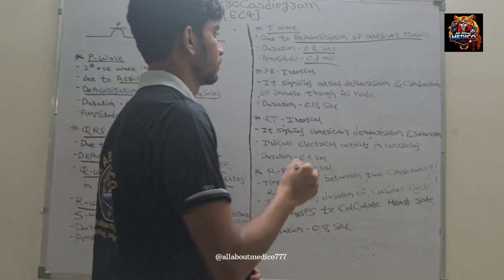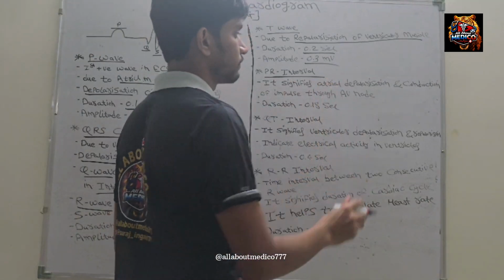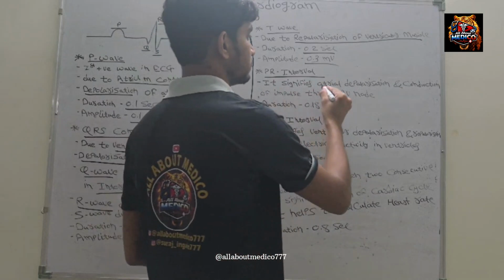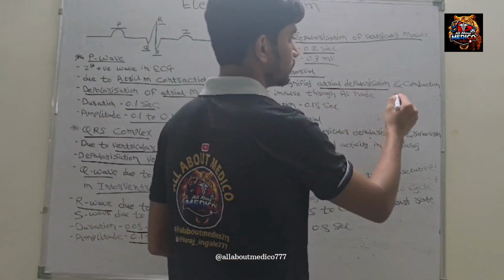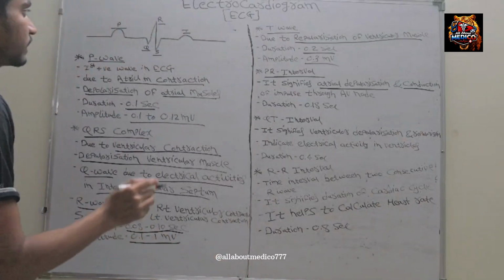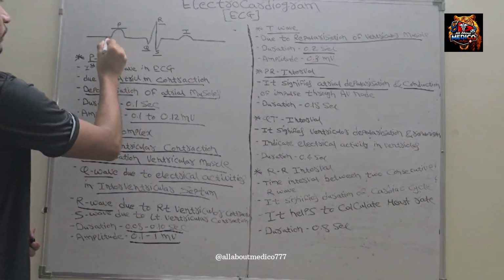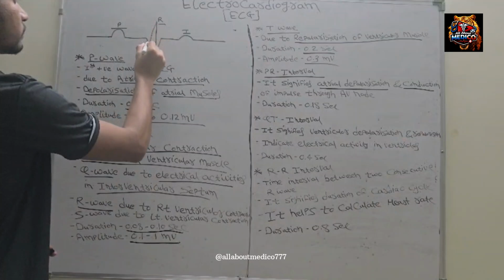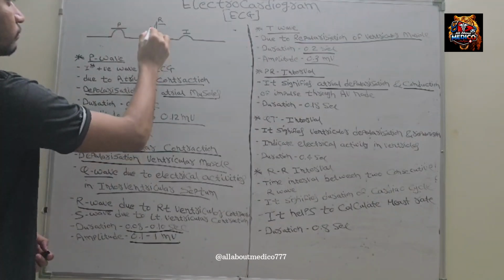PR interval signifies atrial depolarization and conduction. It is measured from the onset of the P wave to the start of the Q wave.